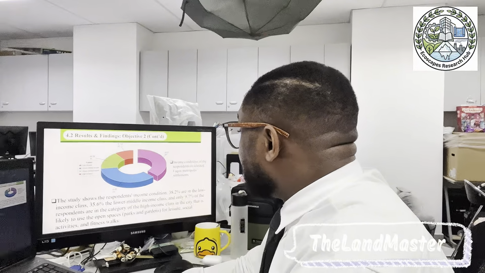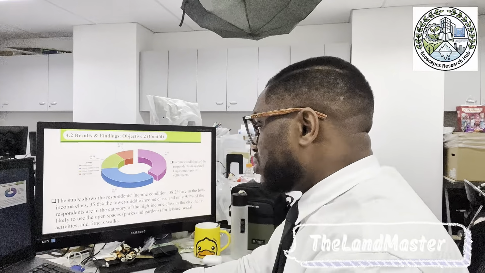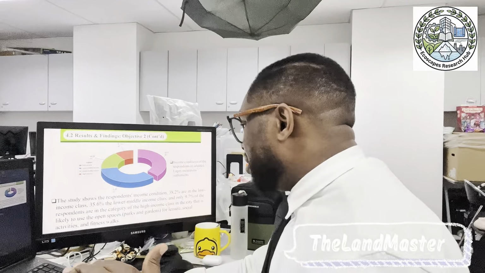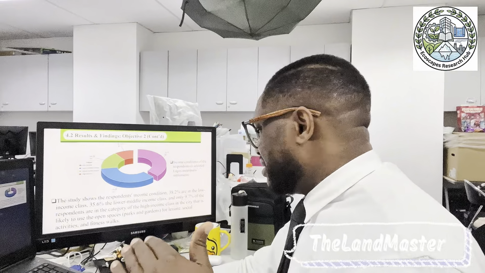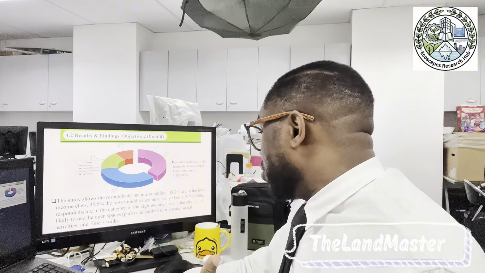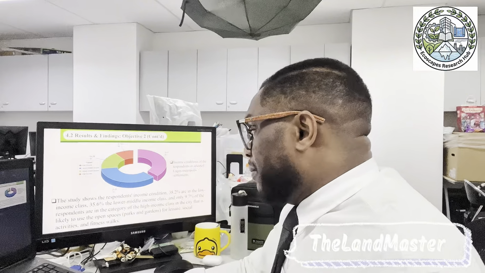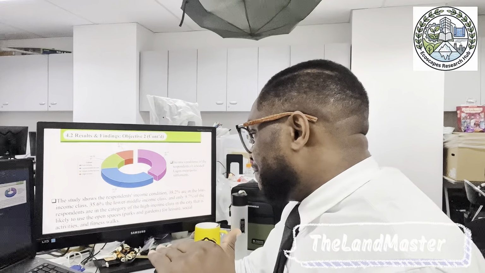All right, so now the study shows the respondents' income level, which is about 38% are in the low income class. 38% of the people within the settlement. 38% is quite massive. A lot of people are really, really poor, low income, and then 35.6%, which is the lower middle income class.